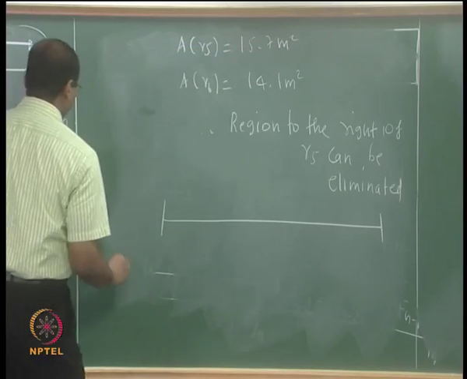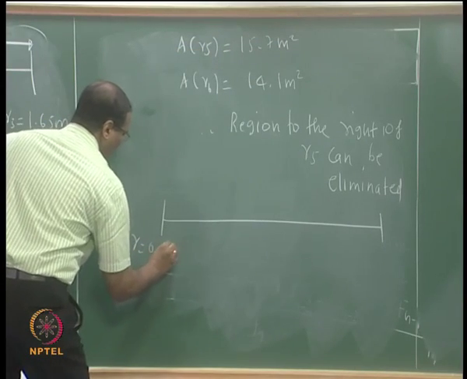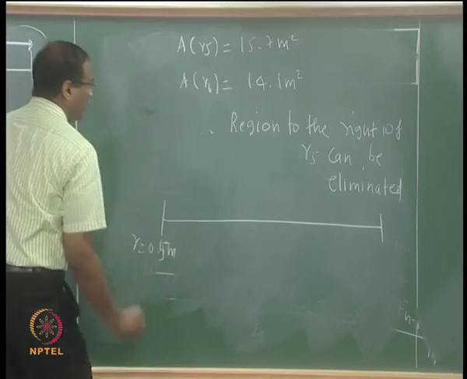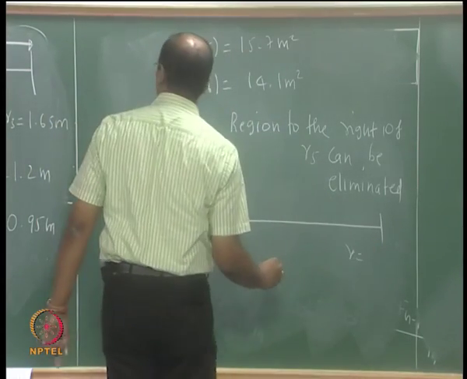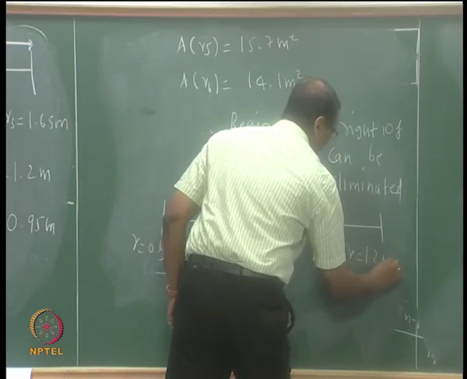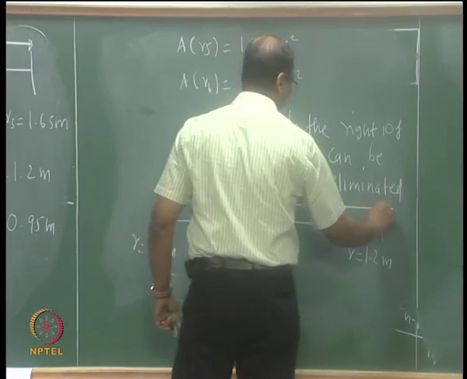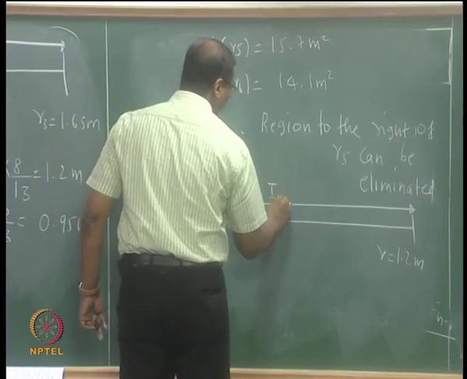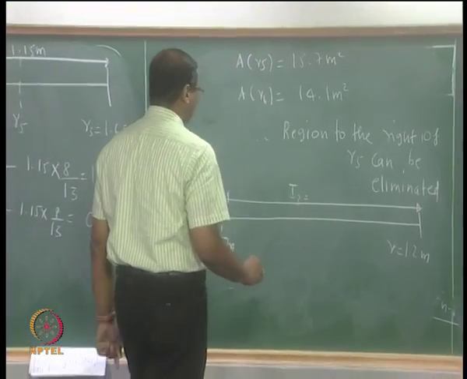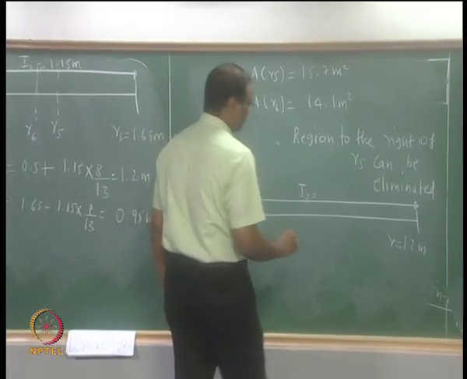Now R equal to 0.5, R equal to 1.2, I3 equal to 0.7, correct.